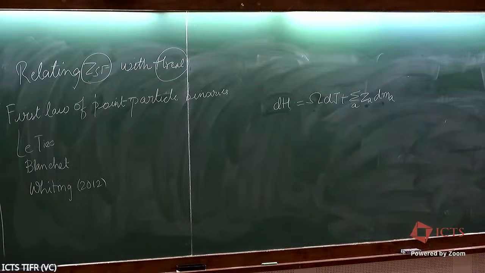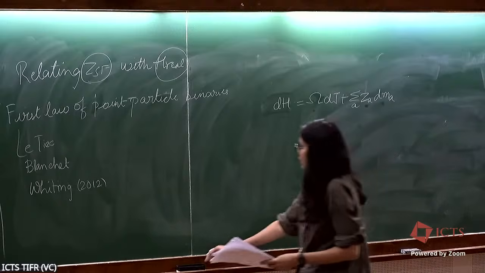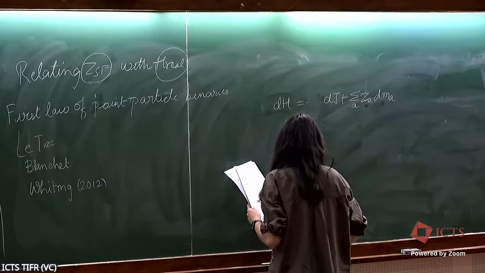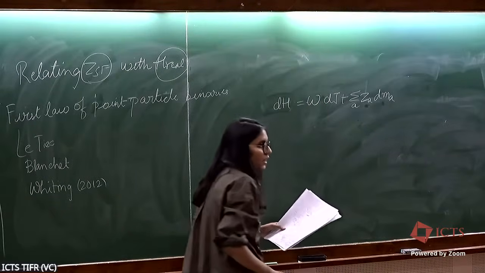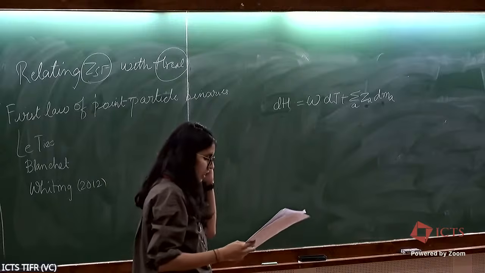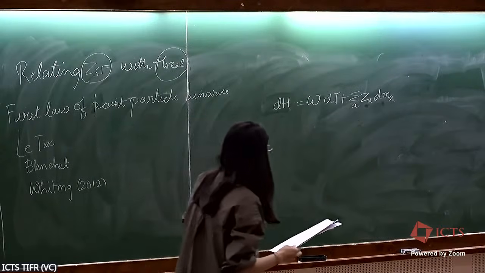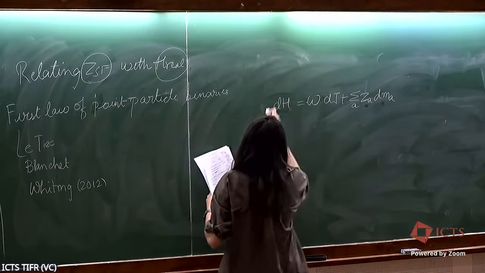Yes, the same thing we had for x. Let's say for simplicity, we put it as omega. It's the same omega that we had initially. So basically, this is the statement.